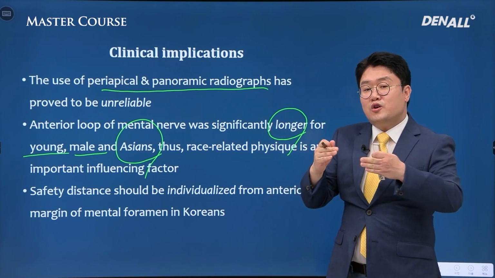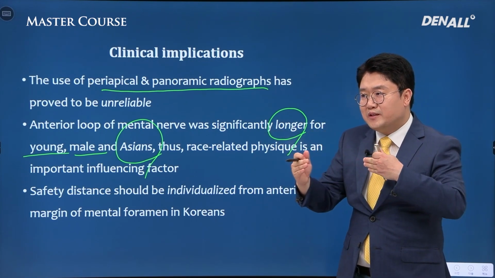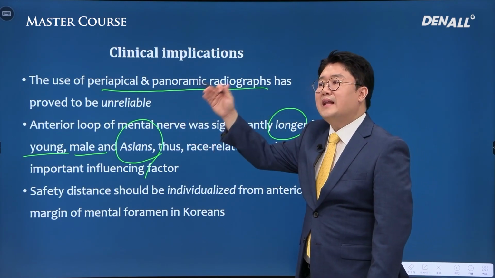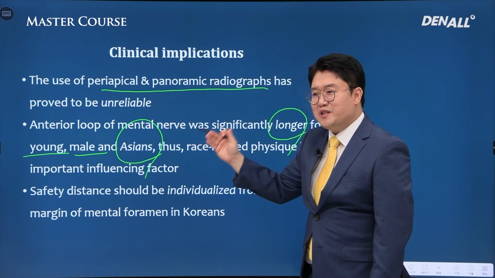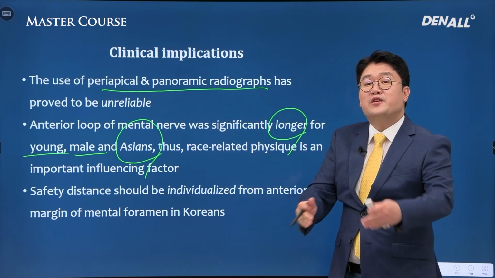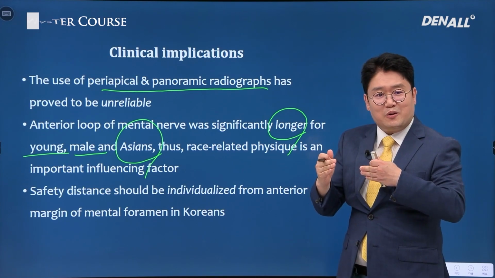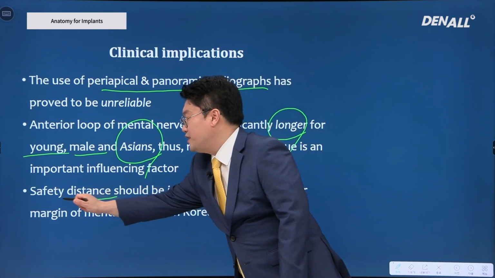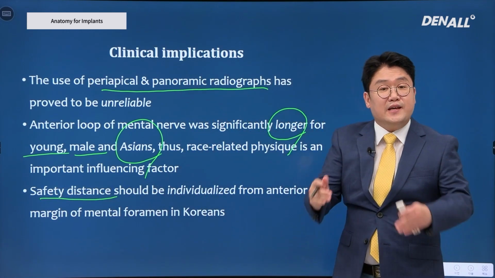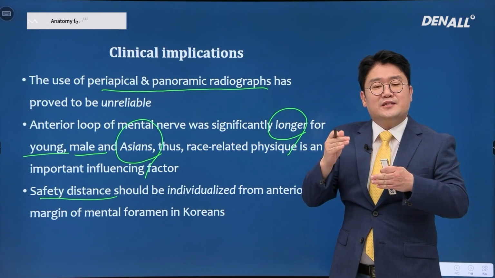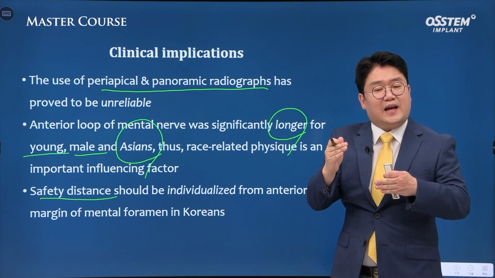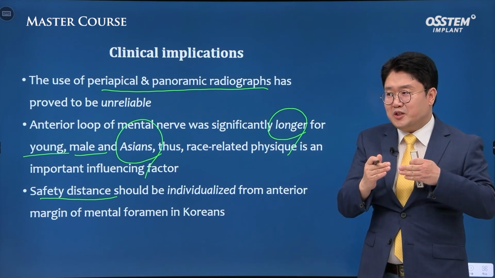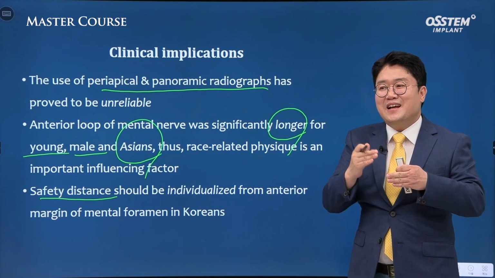There were two data sets on Koreans. When looking at the two data sets about Koreans, the cadavers that showed a longer anterior loop turned out to be younger, and the percentage of males was higher. I would like to emphasize once again, when placing an implant, the safety distance in order to avoid nerves should not be followed blindly, but depending on different individuals, it should be set differently rather than just blindly going with 3 or 4 millimeters.